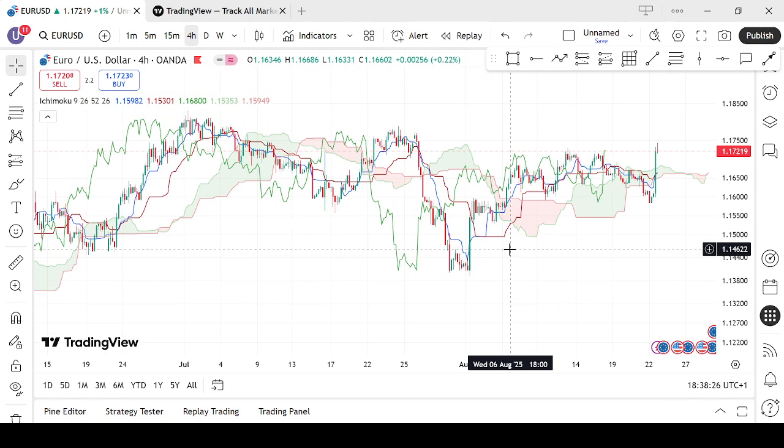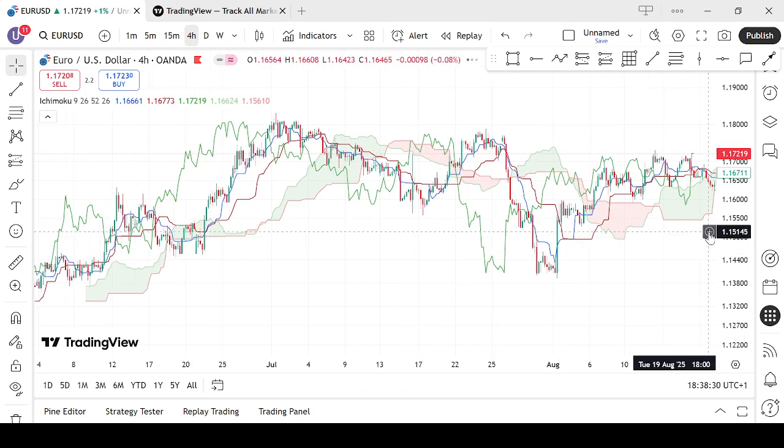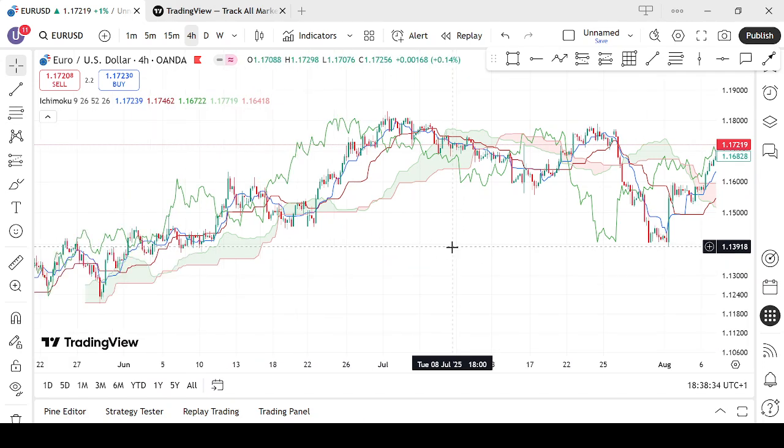Each element serves a specific purpose in analyzing price action, trend direction, and potential support and resistance levels.